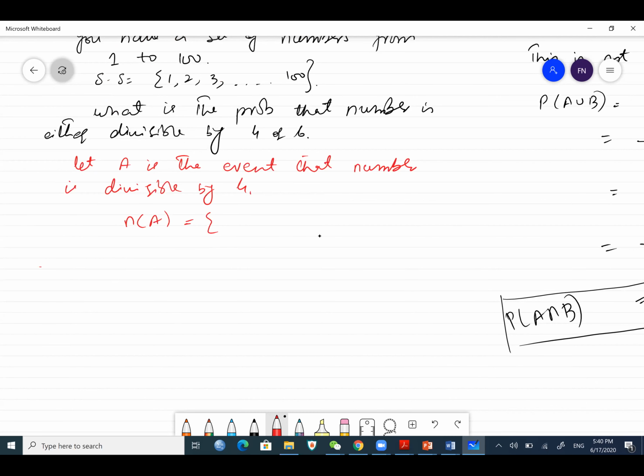There are 25 numbers like 4, 8, 12, 16, up to 96 and 100. How do I know? I can simply divide 100 by 4. It is 25. So there are 25 numbers which are divisible by 4. Is that clear?